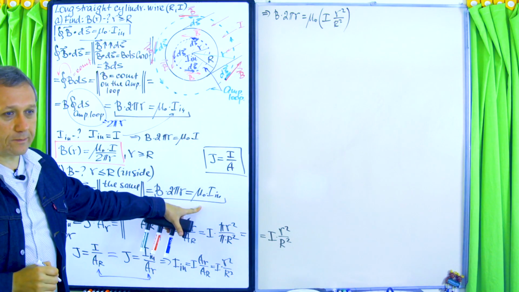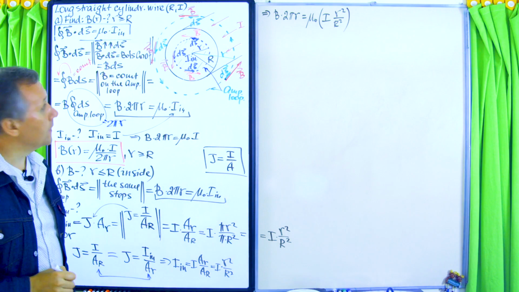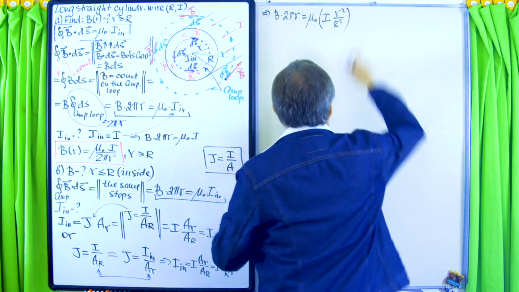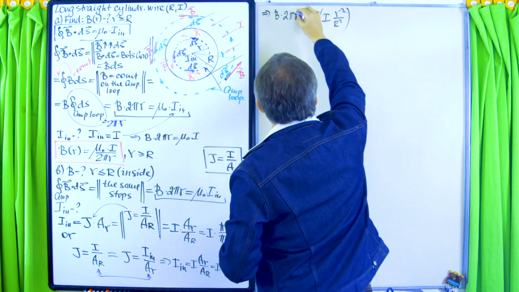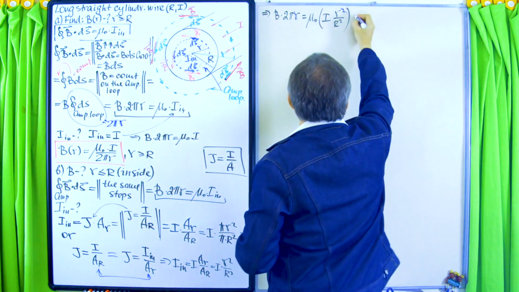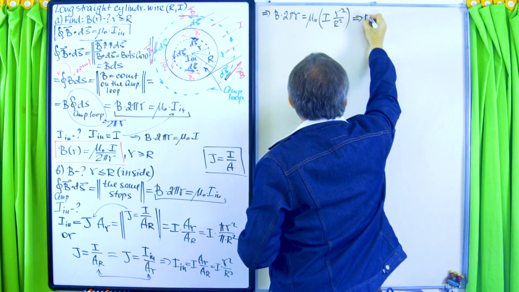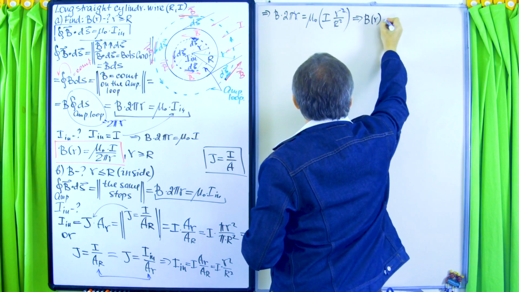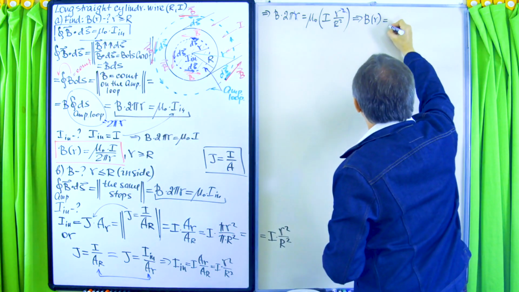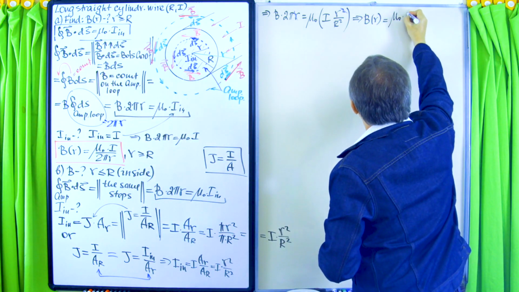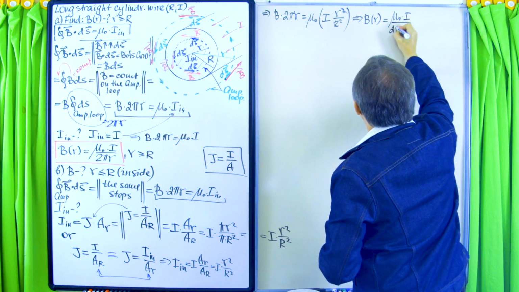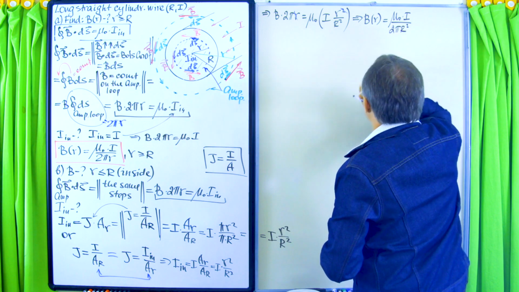I just rewrote this. One r is cancelled, and nothing else can be cancelled. So from here I can write B as a function of r equal to the constant mu naught I divided by 2 pi R squared.